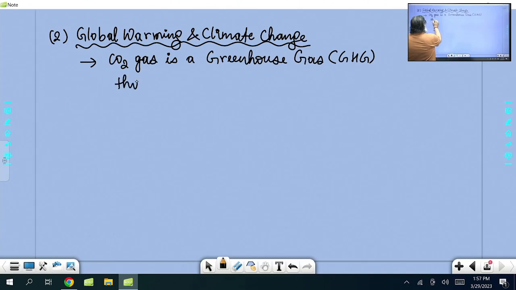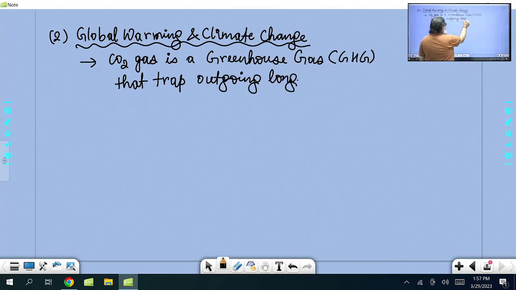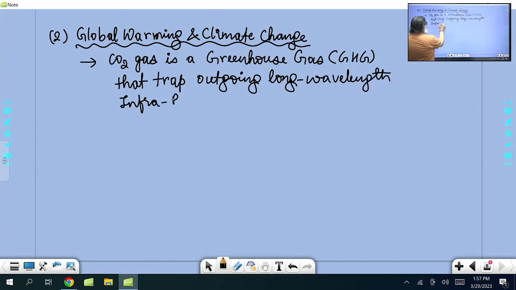They trap the outgoing long wavelength infrared radiation, where the wavelength and heat content is higher. It cannot penetrate out from the earth's surface.